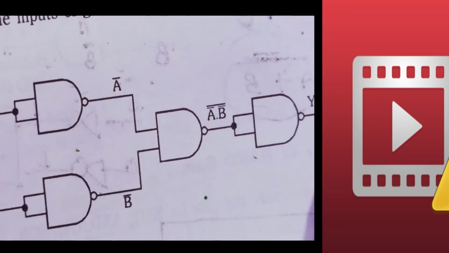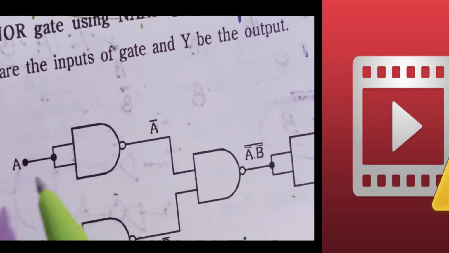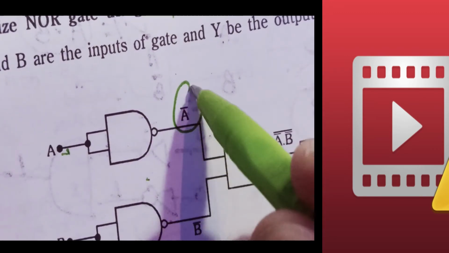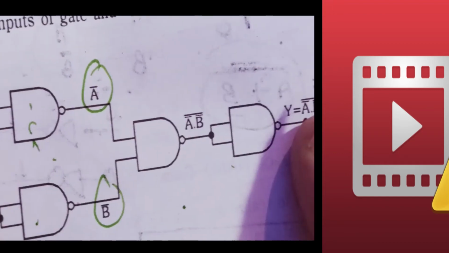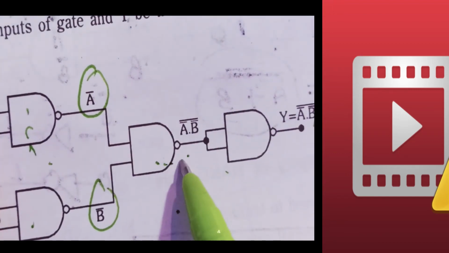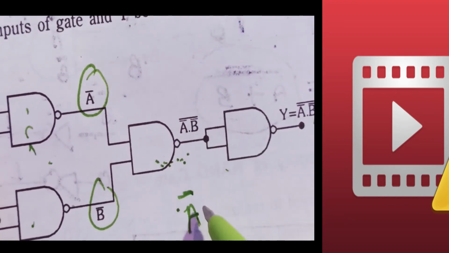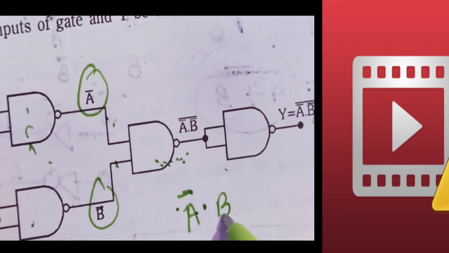NAND gate's output can be like the NOR gate. How? This is A, B. It becomes A invert, B invert because they are the NOT gates now. Then this is a NAND gate. NAND gate gives A bar, because input is A bar. This input is B bar.